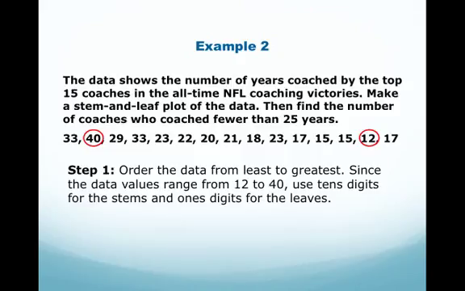Step 1. Order the data from the least to the greatest. Since the data values range from 12 to 40, use tens digits for the stems and ones digits for the leaves.